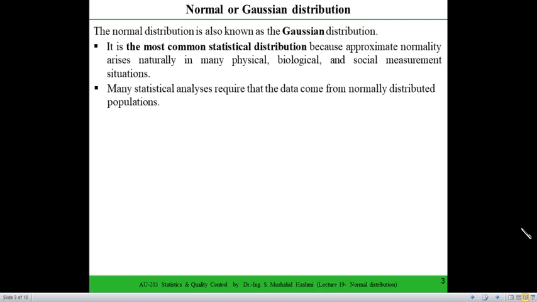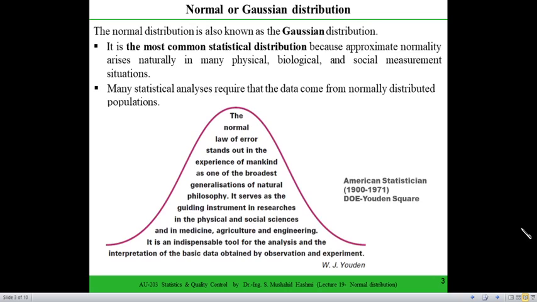The shape of this distribution is a bell-shaped curve, and there are so many populations. When you talk about populations, it means the group of people, the group of parts that has been produced, or anything which is under study. A lot of data actually follows this particular distribution.